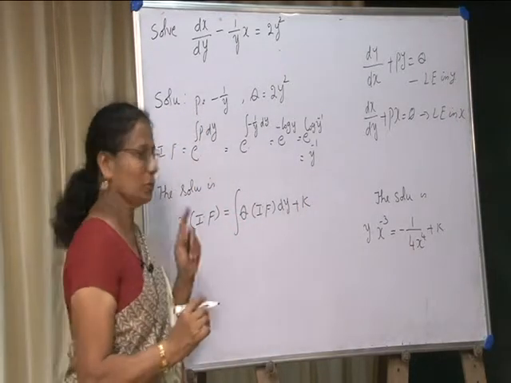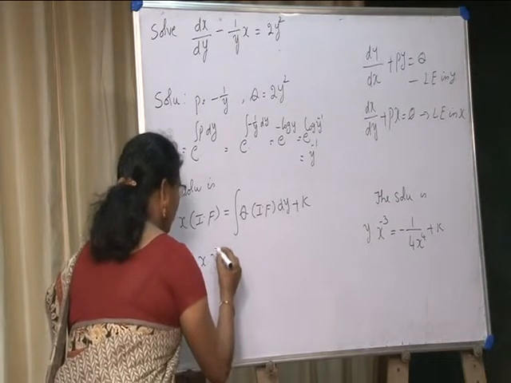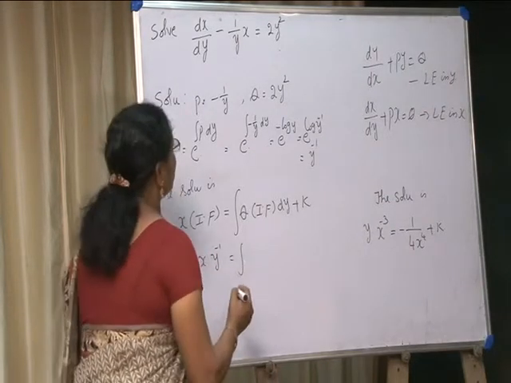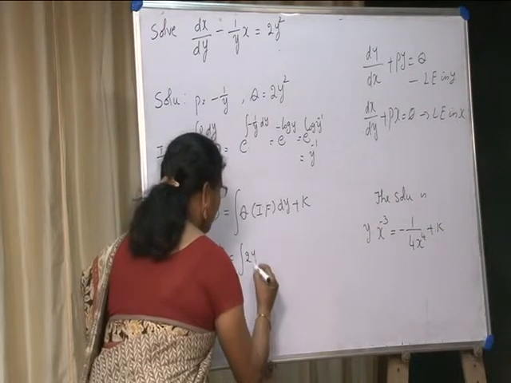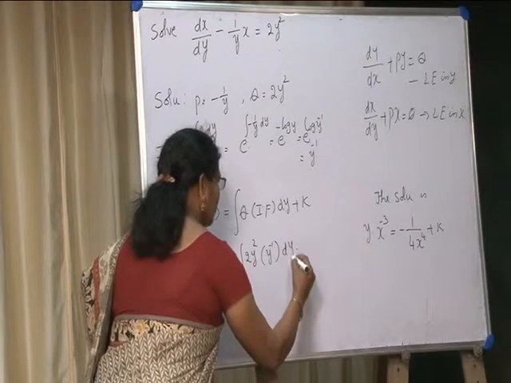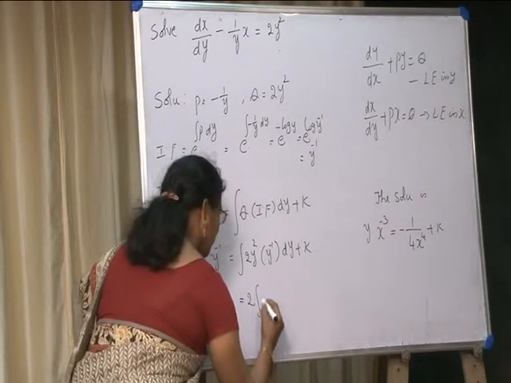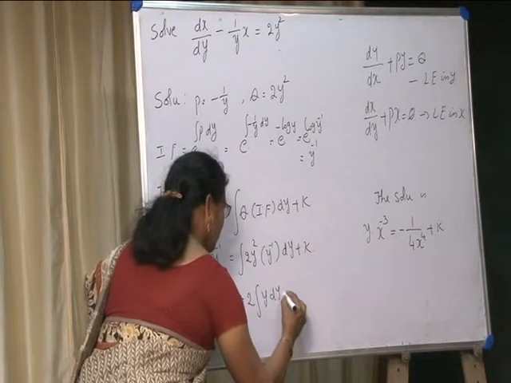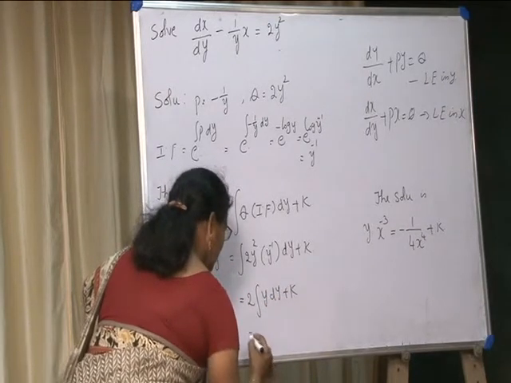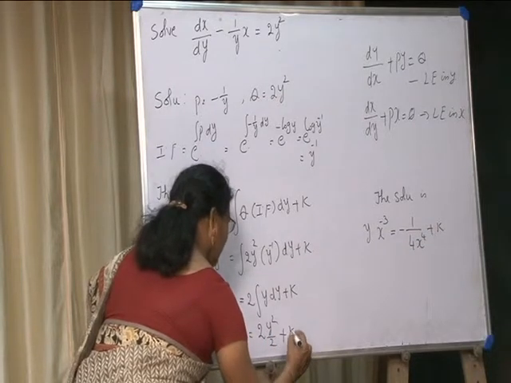That is x into y to the power of minus 1, q value is 2y squared, y to the power of minus 1 with respect to y plus k. This is equal to integral of 2 constant y with respect to y plus k. This is 2 into y squared by 2 plus k.